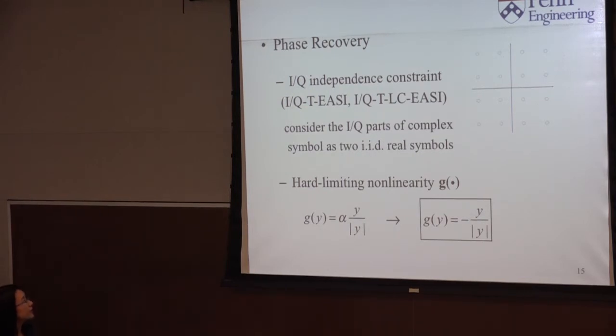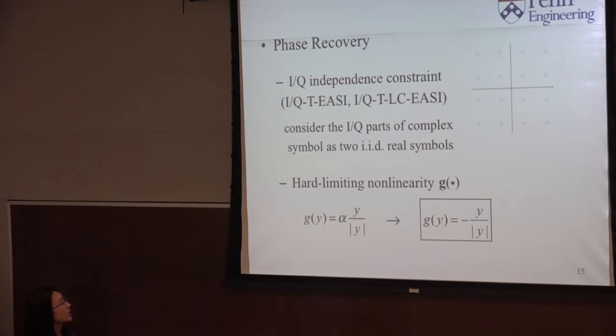So additionally, the IQ independence constraint could also be added to the algorithm. That means the independence of real parts and complex parts is also used in the BSS algorithm. This is the basic idea. I omitted the details of this IQ constraint for limit of time.